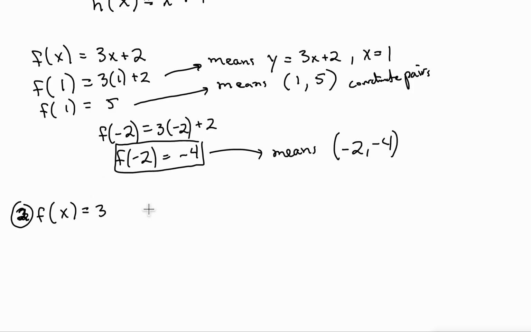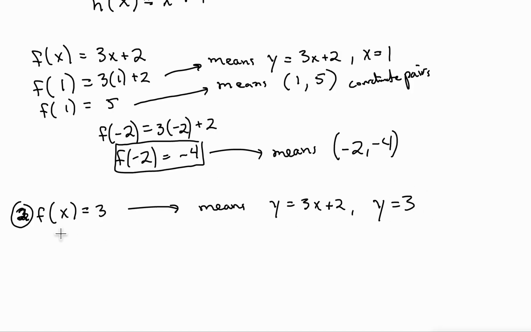So what that means is when we had y equals 3x plus 2, it asked us when y equals 3. That's what this f of x equals 3 means. That's what's a little bit different. The x was a little easier when we had to substitute 1 in. This one, we're going to substitute 3 in for that y value.